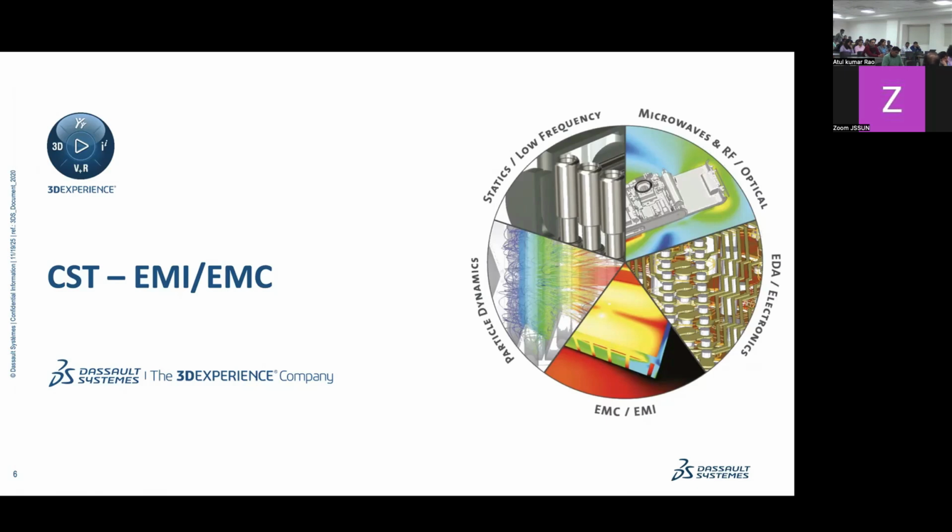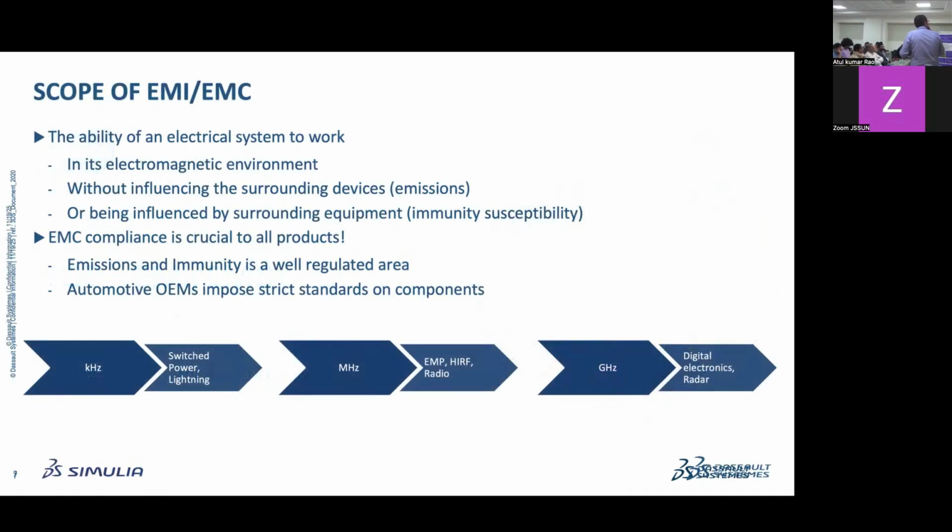So now that we have had a little introduction, let us come to the actual methodology of performing EMI/EMC design and simulation within CST. In general, why do you have to consider EMI/EMC? All systems radiate, and one of the things you have to check is that the system you have designed works in consonance with the other systems around it.